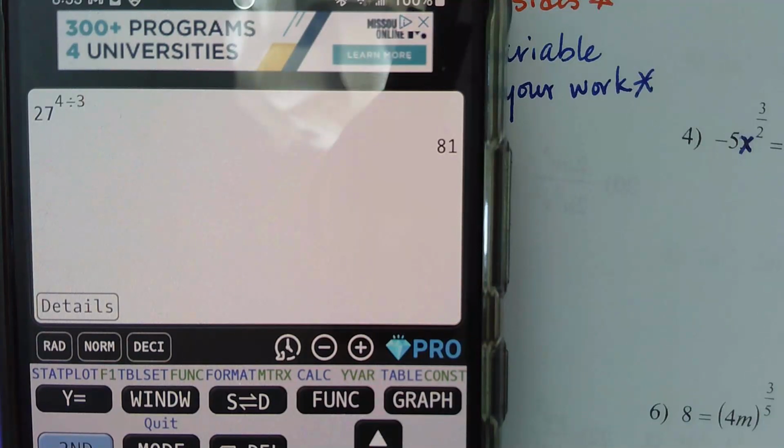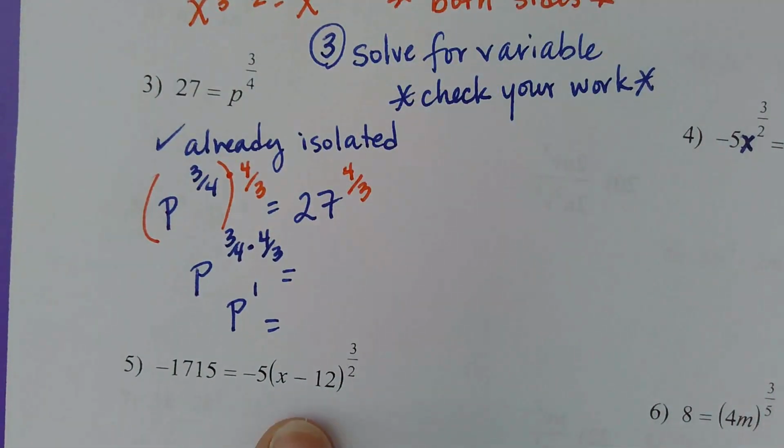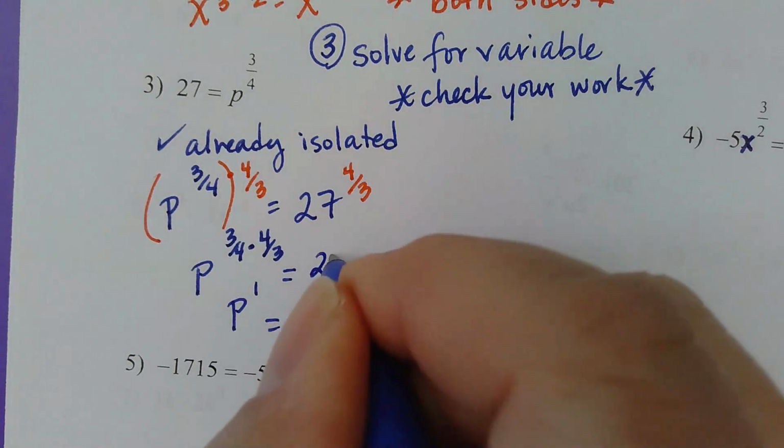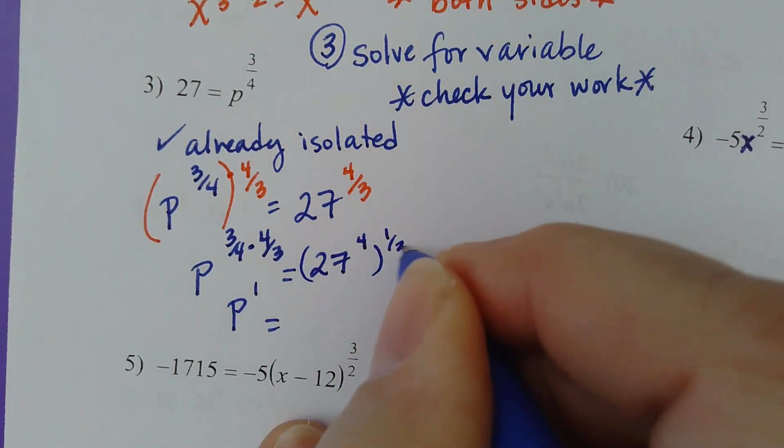So yeah, it's 81. This is 27 to the 4th power, and then the cube root.